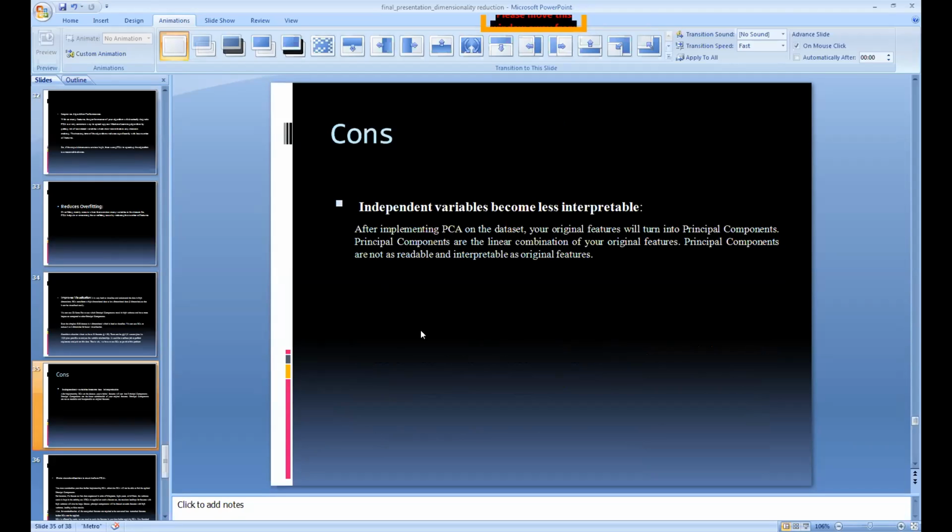So the last disadvantage of this particular PCA is that it assumes all the features are independent of each other. In some applications, there may be some interrelationship between the data.